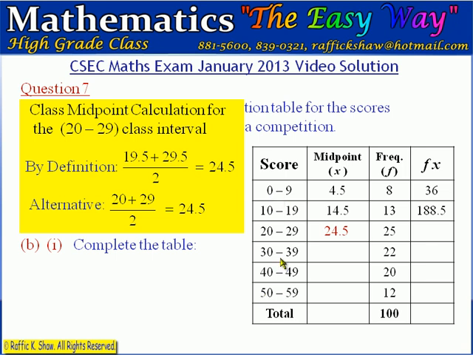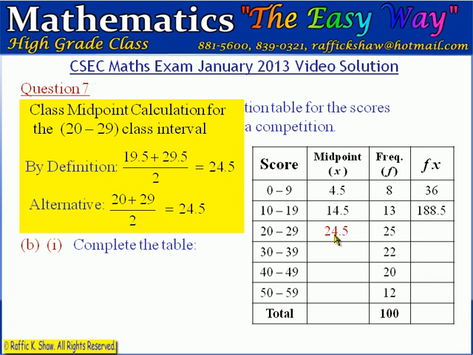The classes are evenly distributed, and therefore the midpoint values would also be evenly distributed. And since the difference between these first two is 10, it means that the difference between the subsequent values would also be 10.